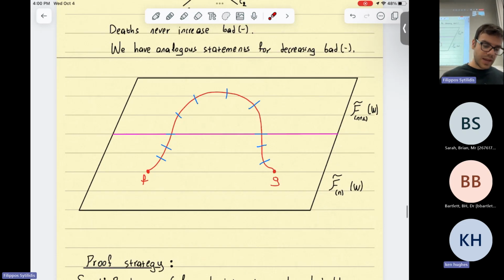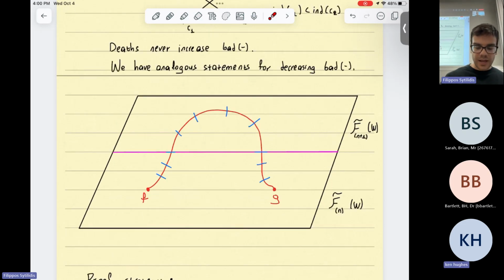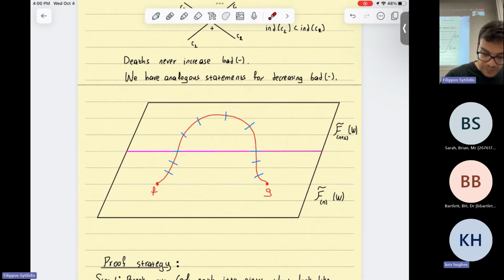I should say that a general path indicated by this lemma might look like that, where you can cross again, but I'm going to concentrate on one piece at a time.